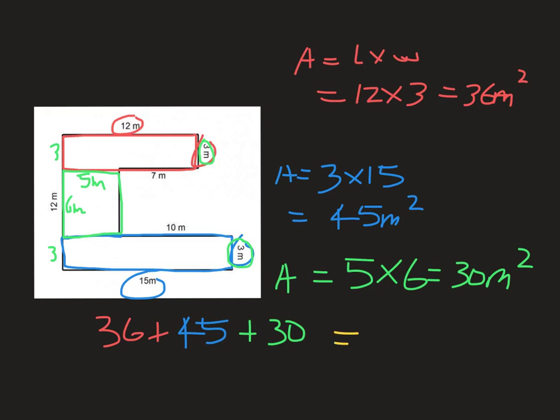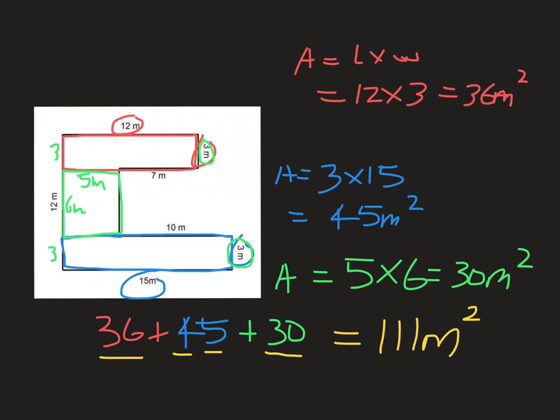That will give me an answer of 30 and 36 is equal to 66. Add the 40, that is going to be equal to 106. Add the 5, that's going to be equal to 111. So the area of this compound rectangle is equal to 111 square meters.